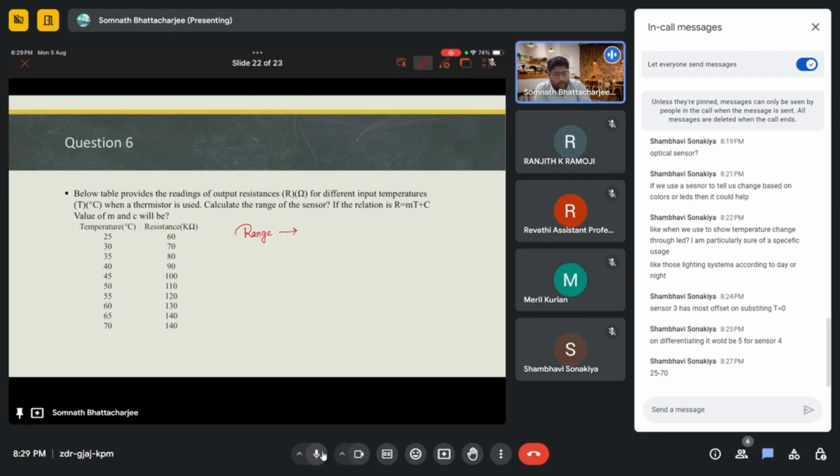Maybe I can give you a hint. So range is, in case of this, if the curve was like this, range is the working range of the sensor. In which domain the sensor keeps on working.